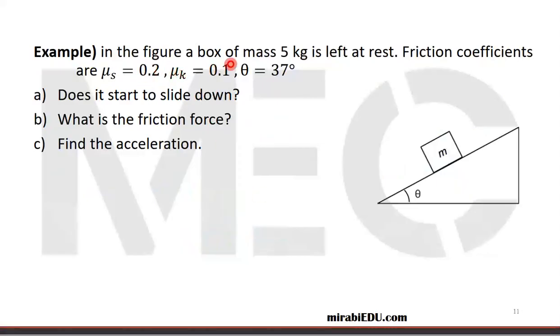Let's do another question. In the figure, a box of mass 5 kilograms is left at rest. Okay, it is at rest, so we can say V0 is 0. The static friction coefficient and kinetic friction coefficient are given, and the angle is 37 degrees.